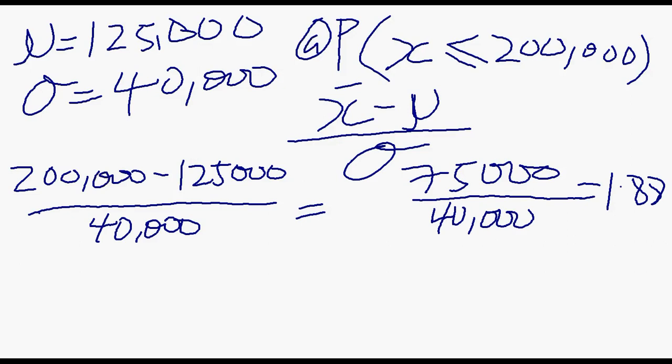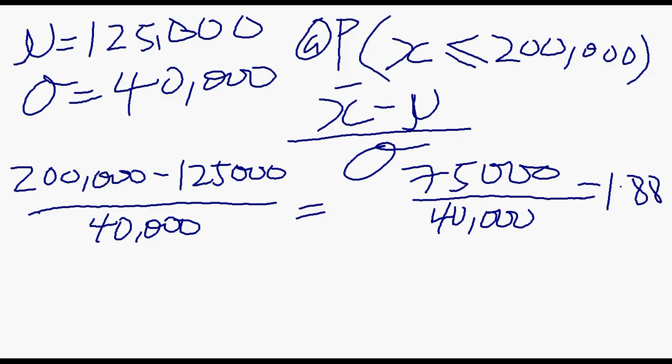It will be 1.87 something, but when you round it up, you get 1.88. So getting 1.88, we trace this 1.88 on the Z table. So 1.8 on 0.08. That's what you'll be tracing on the Z table.